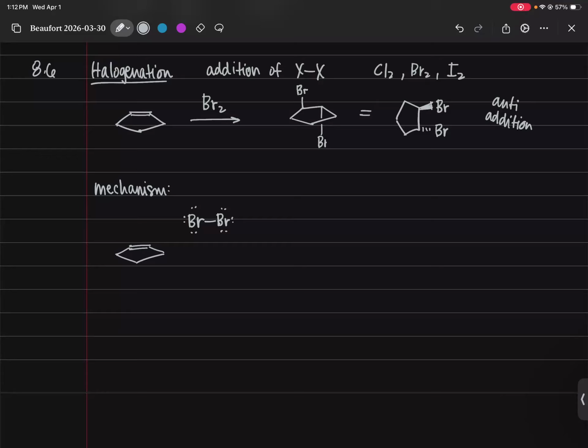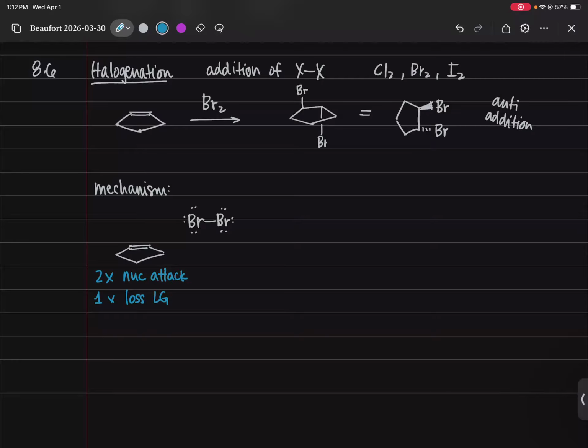This first step is very weird, and it's got three arrows. Two of them are nucleophilic attack arrows, and one of them is a loss of a leaving group arrow. So: double nucleophilic attack plus loss of a leaving group.